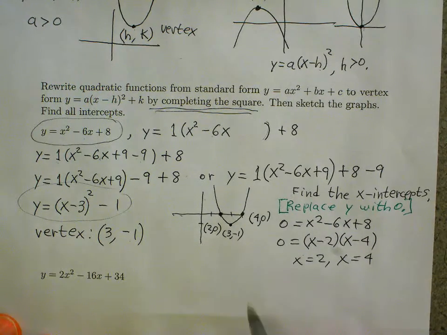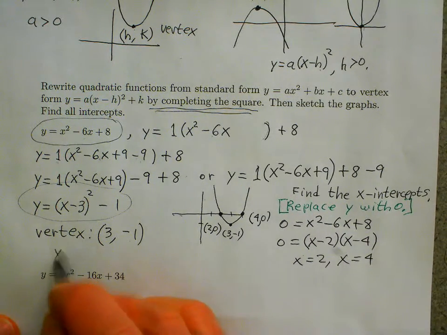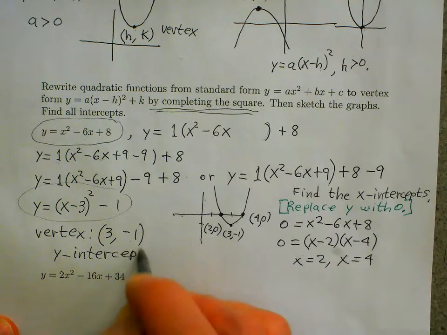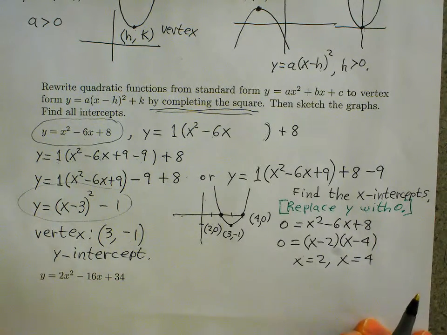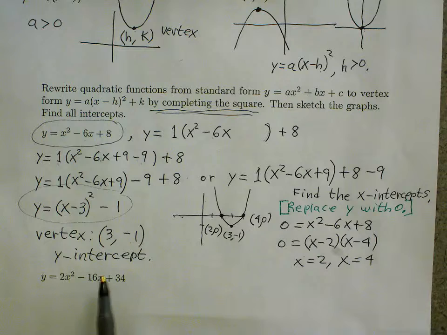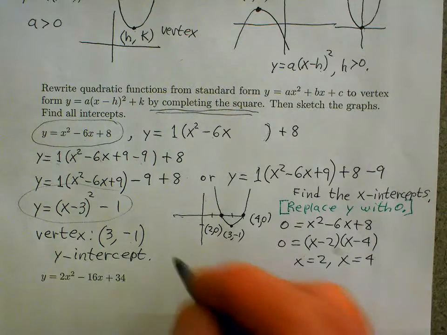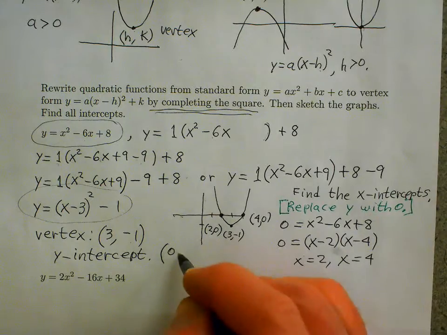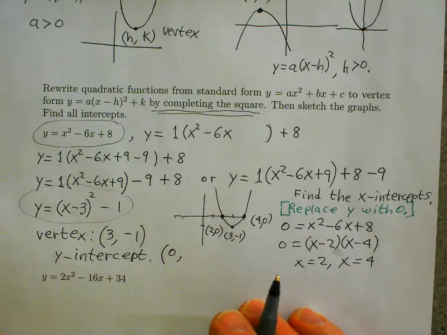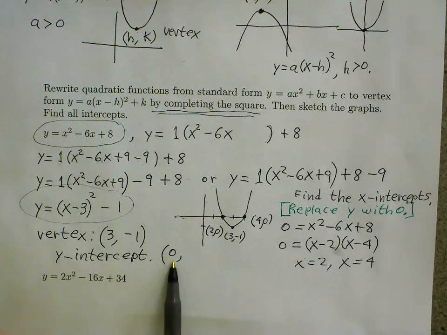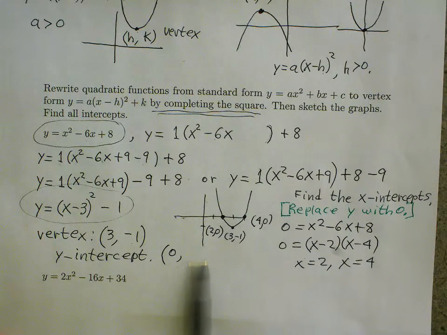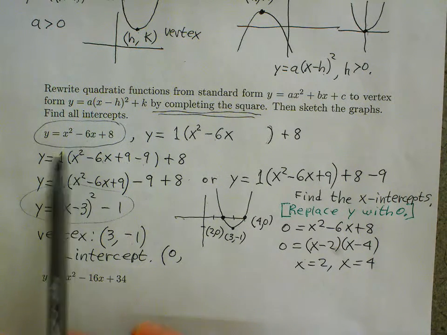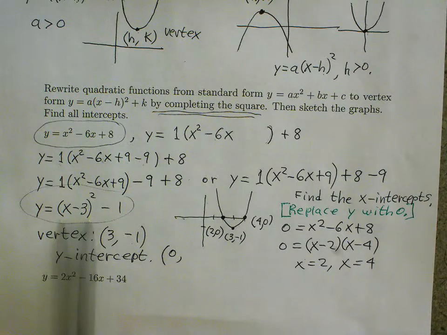We should find the y-intercept, though. The y-intercept is an ordered pair. The x-coordinate of the y-intercept is 0. So to find the y-coordinate of the y-intercept, just replace x with 0, either in the standard form or the vertex form.